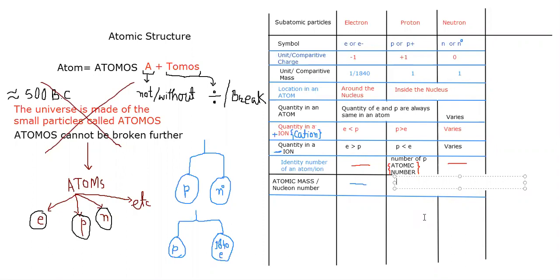The nucleon number, which is regarded as A, I'm just writing here: atomic mass is basically the sum of the quantity of protons plus the quantity of neutrons. If you know the quantity of protons and neutrons, it means you are able to understand the basic concept of atomic mass. We will also solve examples, just to find out what this means.